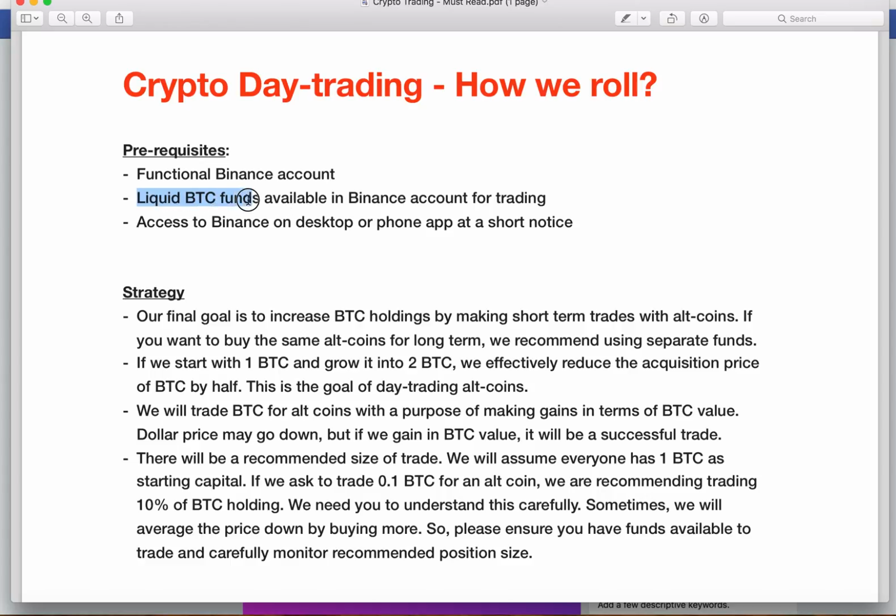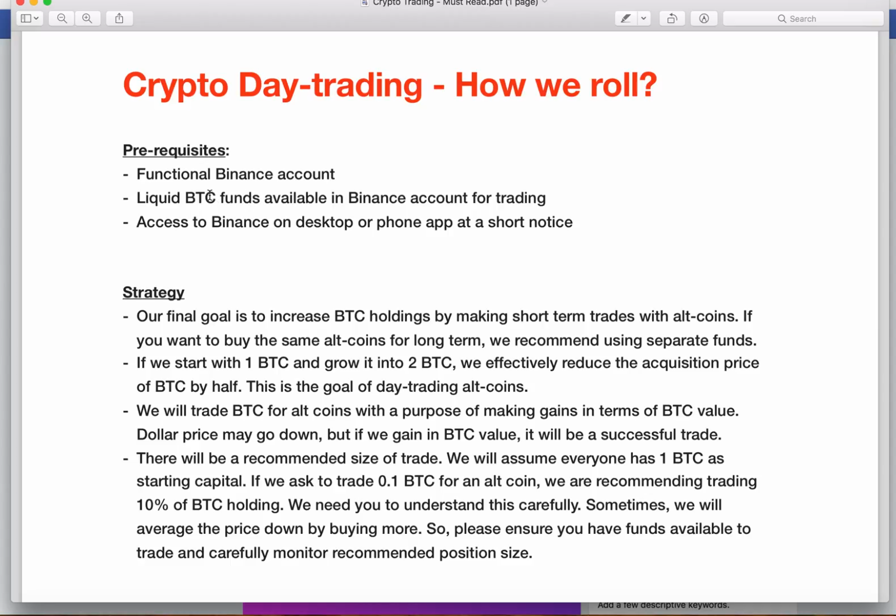The second part is you need to have liquid Bitcoin funds. I think I did a video earlier which explained how to transfer your money in terms of BTC or Ethereum into your Binance account. So make sure you have some BTC transferred.